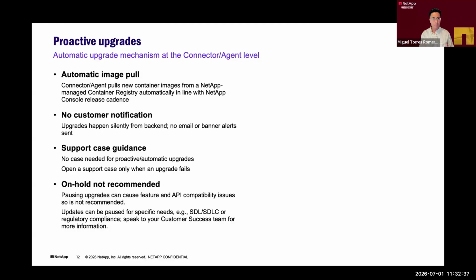If you feel that maybe you're not running the latest version, there might be a problem. Let us know. You can open a support case. You can reach out to us, and we'll give you any help you need. But this is very important. As long as your endpoints are properly configured, you have outbound connectivity, and everything works as expected, you don't need to worry about the agent upgrades.